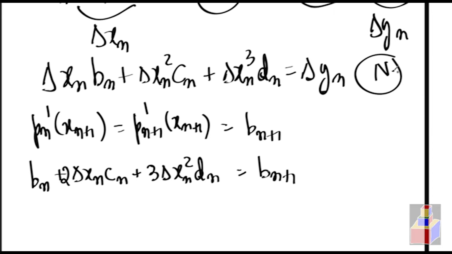So, in other words, we have an equation here. Now we have n minus 1 equations, starting at n equals 0, 1, 2, until n minus 2.